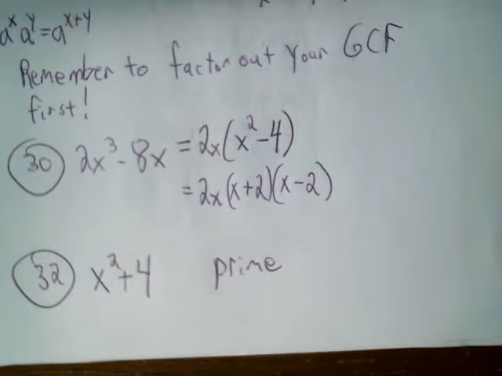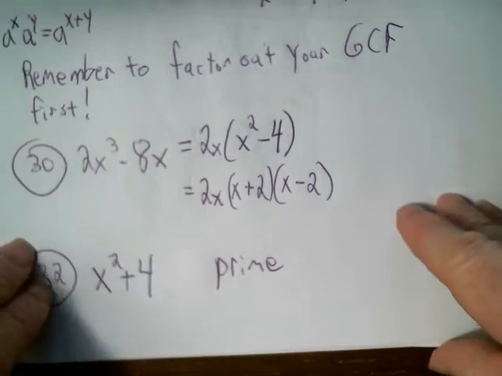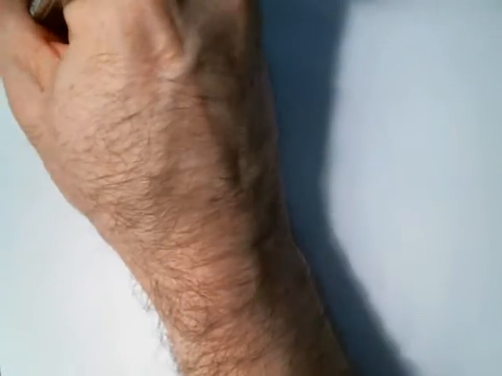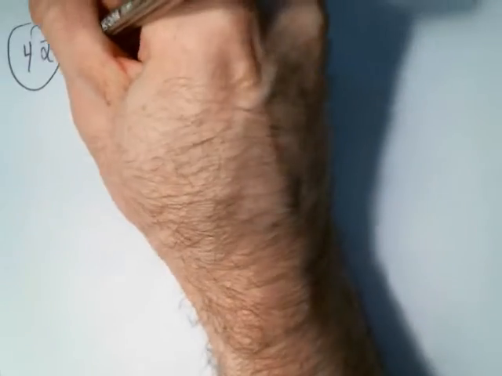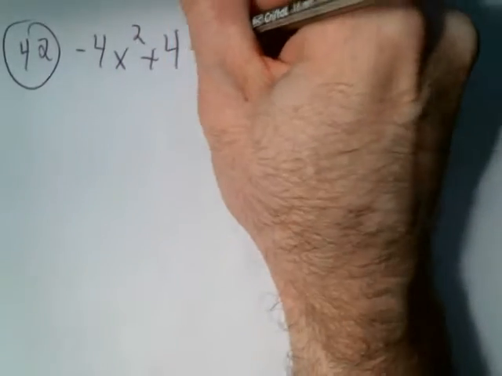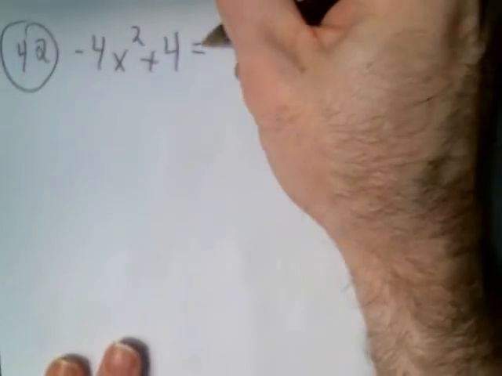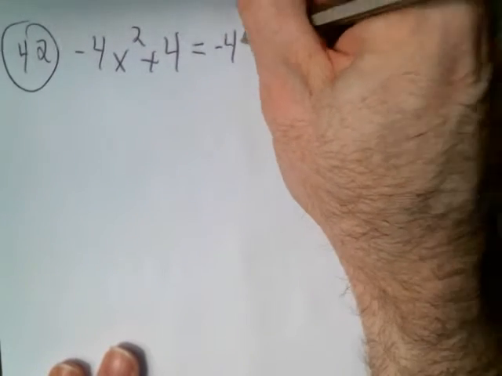Okay, let's look at one more. And then we'll go up to perfect square trinomials. So here's 42. I got negative 4x squared plus 4. We have a GCF of 4, but we also want to pull out any negatives. We don't like having those leading coefficients being negative, so I'll pull out a negative 4.